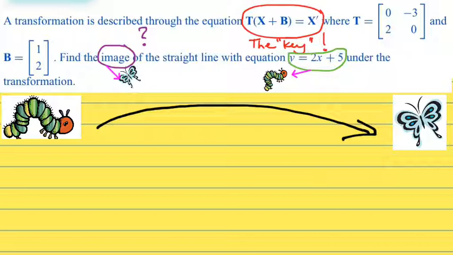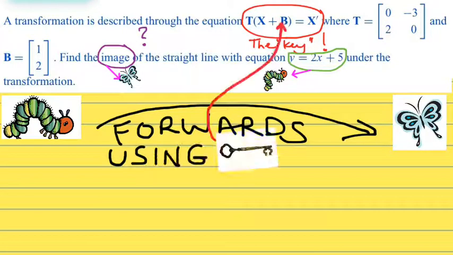We've got the caterpillar function, and we are going to find the butterfly function by going on a forwards transformation question using the key that they give us. Okay? We know the caterpillar function, or the original function. We know the key. There's nothing hidden in that key. It's all there. And we have to find the new transformed or butterfly function.